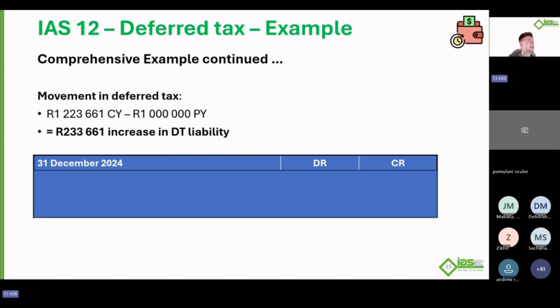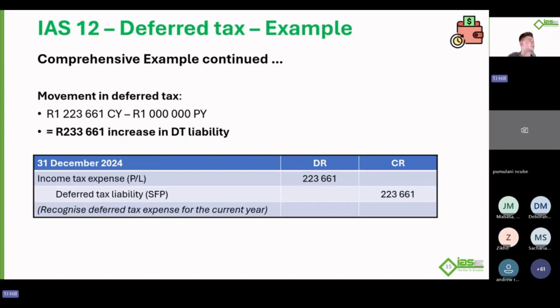Balance less balance gives me an increase, so I need to pass a journal. Again, I must say 2025. There I create or recognize or rather increase my DT liability from last year, because my balance last year was 1 million. I need to take it up to 1.2. So the difference I'm going to credit, it's a liability, and I'm going to debit income tax expense with that deferred tax expense. Happy?